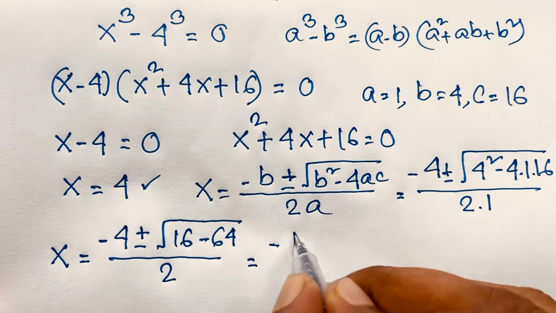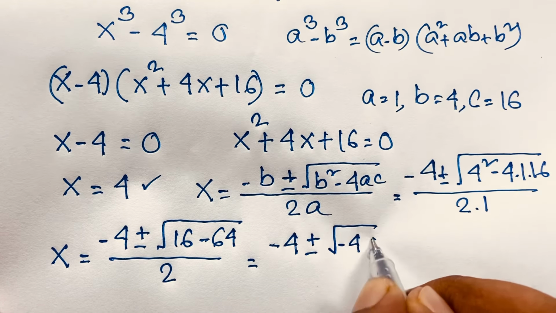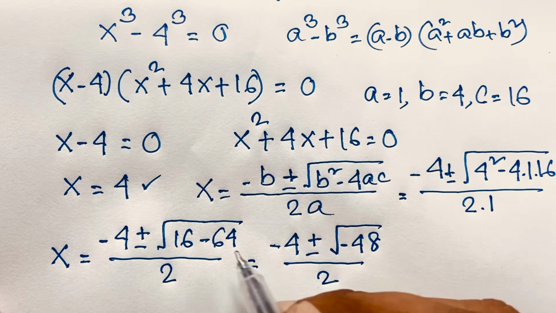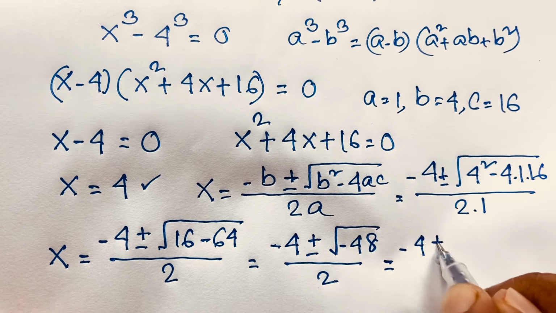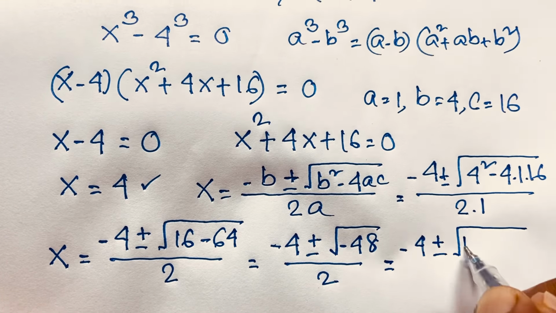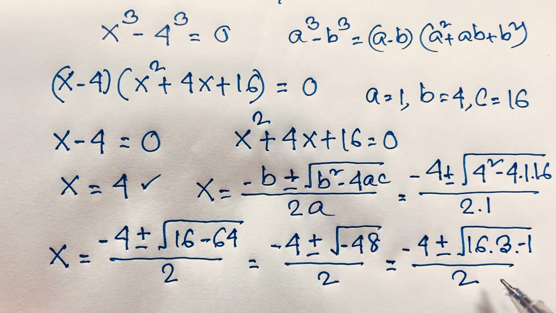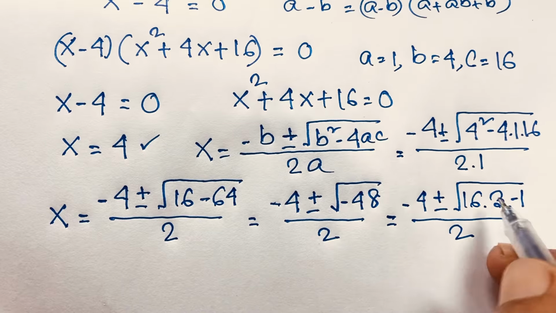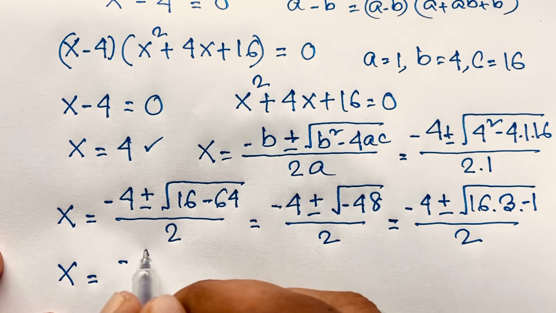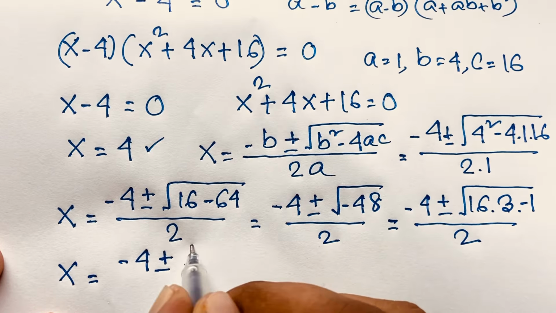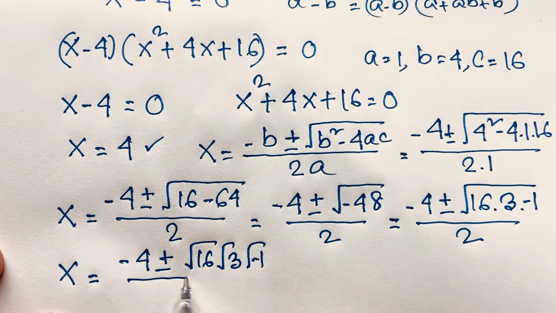Then here minus 4 plus or minus square root of minus 48 over 2. 64 minus 16, sorry, 16 minus 64 will be negative 48, so minus 4 plus or minus square root, it will be 16 times 3 times minus 1 over 2. 16 times 3, it will be 48. Then x is minus 4 plus or minus square root 16, square root 3, square root negative 1 over 2.